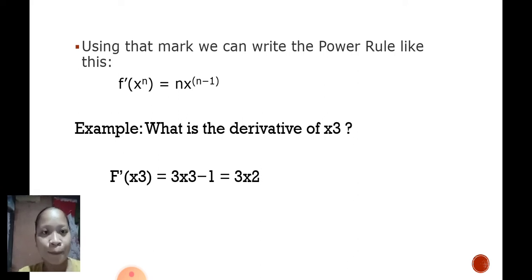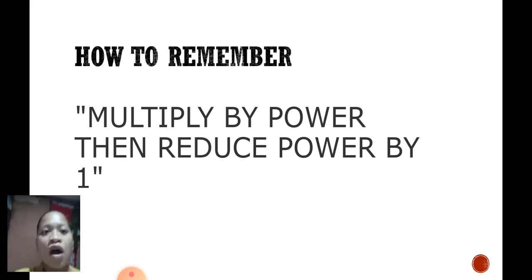For example, what is the derivative of x cubed? It is 3x to the power of 3 minus 1, so we come up with the answer 3x squared. How to remember: multiply the power, then reduce the power by 1.